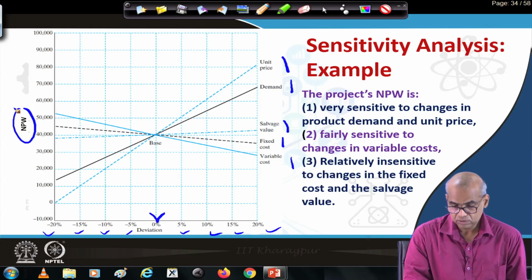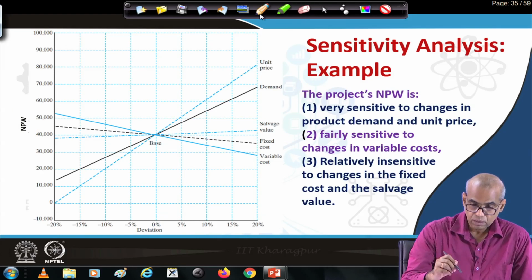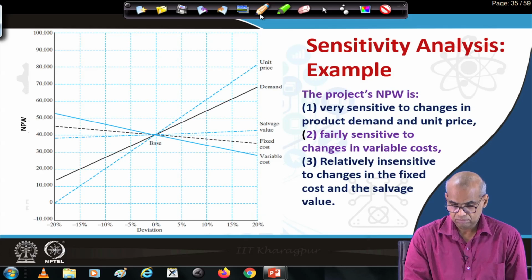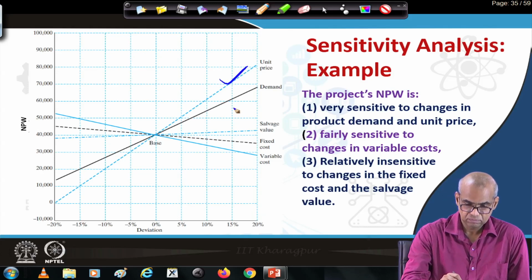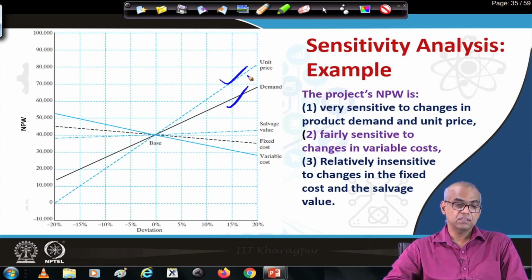Now, look at this plot. If you look at the plot, you see that for unit price and unit demand, the net present worth is very sensitive. Look at their high slope.